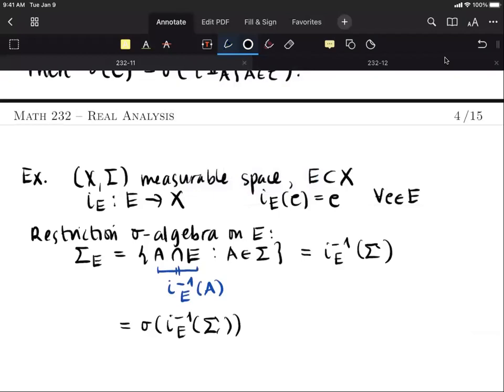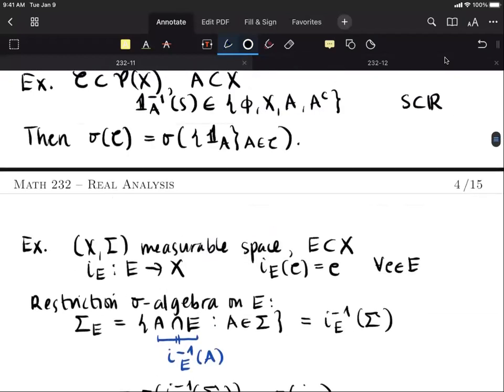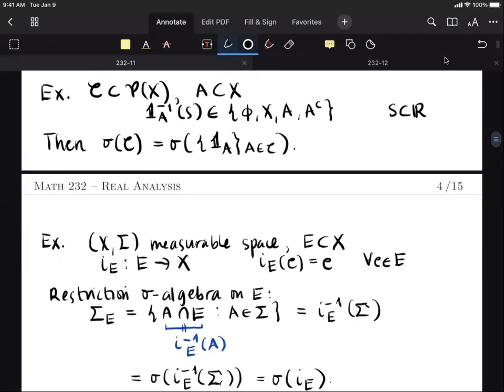And by our definition, this is the sigma algebra generated by the canonical injection. So therefore, restriction sigma algebras can be written as an initial sigma algebra that is generated by the canonical injection from the subset to the whole set X. So these are old examples written in the context of initial sigma algebras.